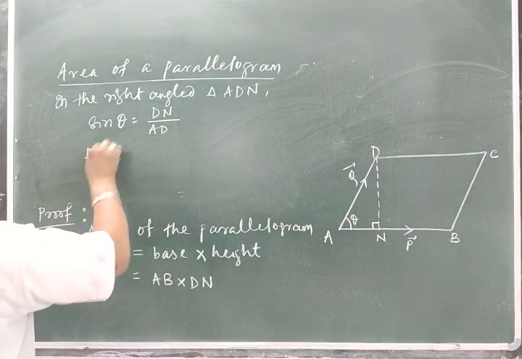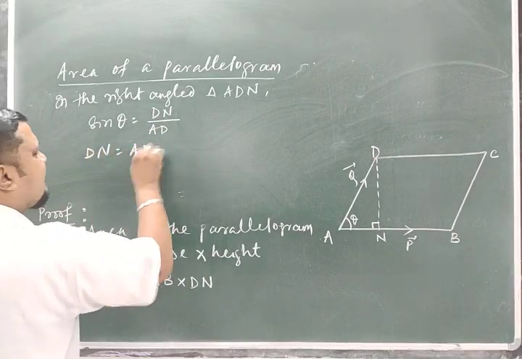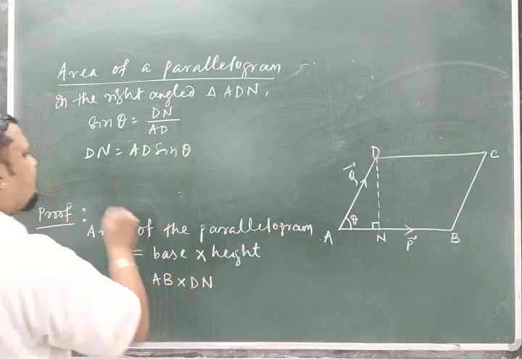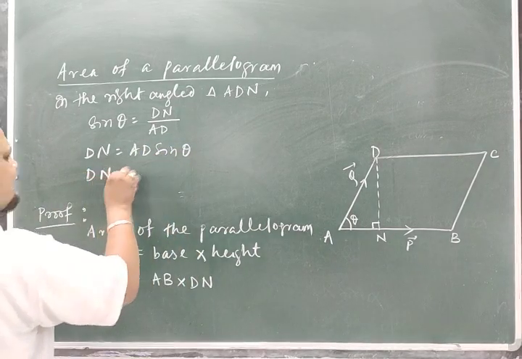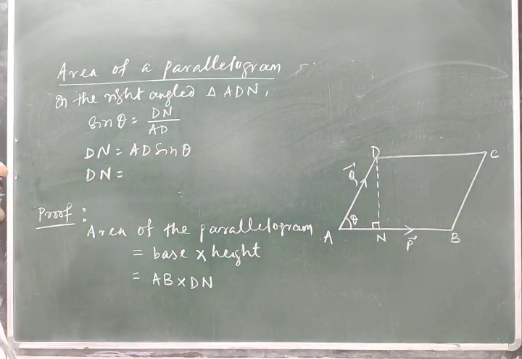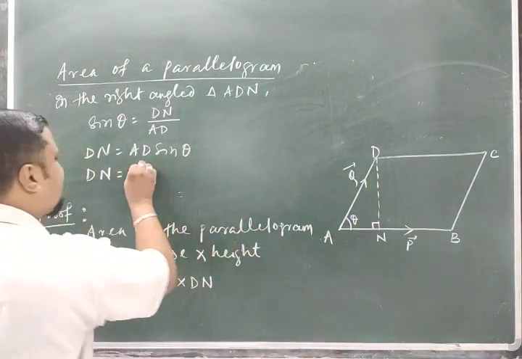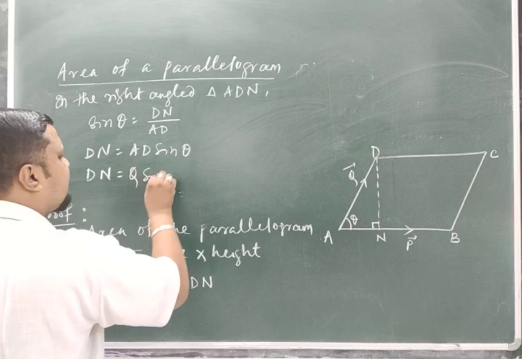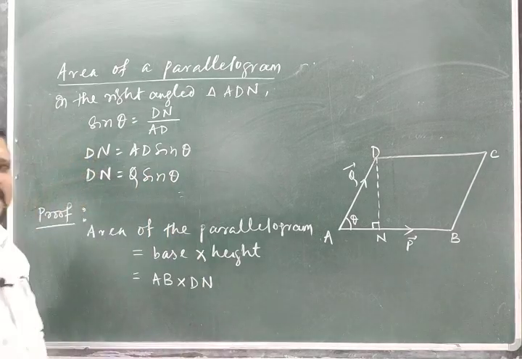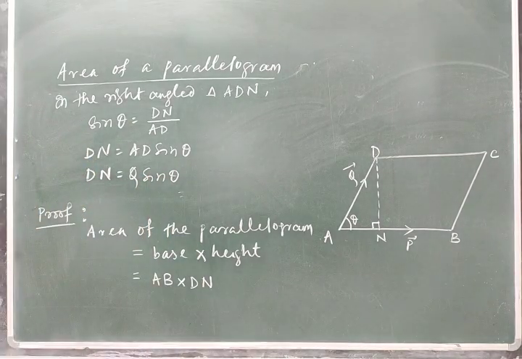This implies DN is equal to AD sin theta, and AD is nothing but the magnitude of Q. So DN is equal to the magnitude of vector Q times sin theta.